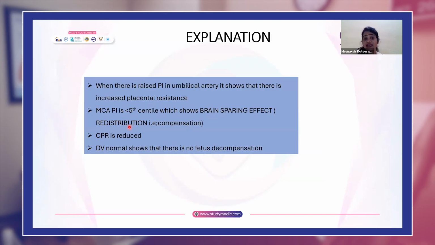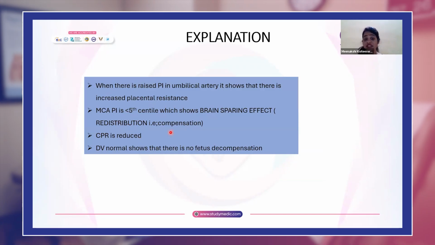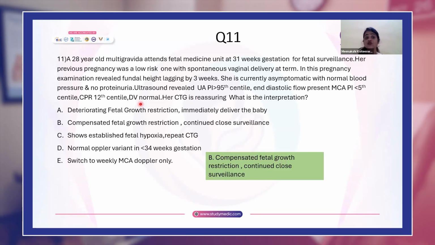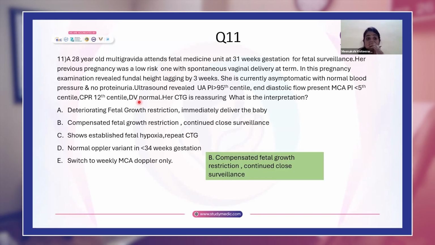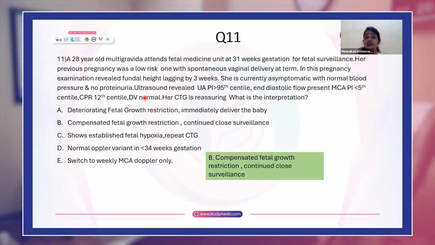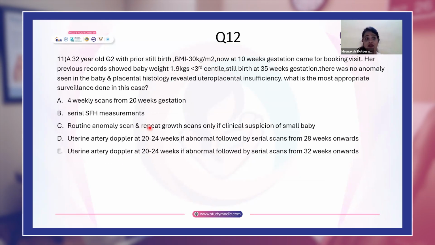CPR is reduced, and the ductus venosus shows that there is no fetal decompensation. In less than 32 weeks, we wait for ductus venosus abnormalities. Mother is also stable. So unless the ductus venosus is found to be abnormal, you have to wait, and it is called a compensated fetal growth restriction.